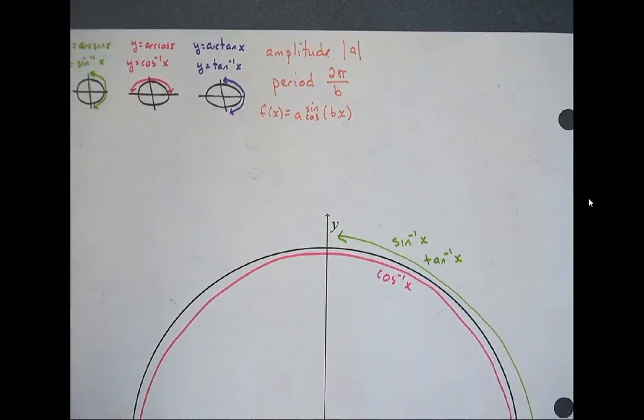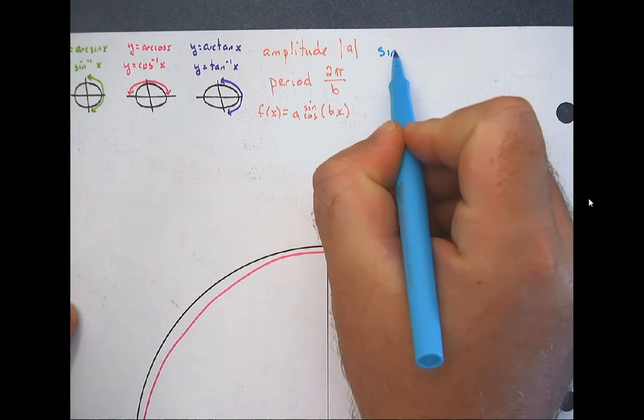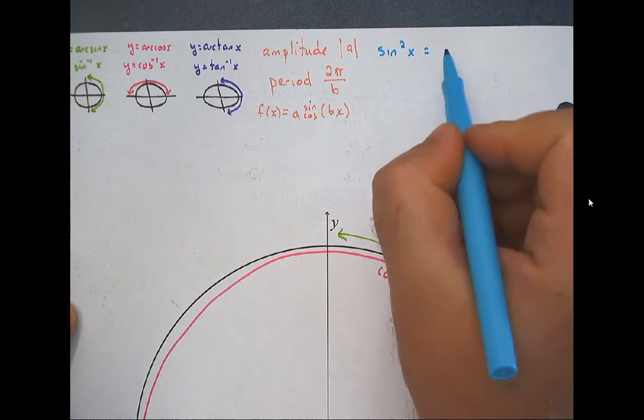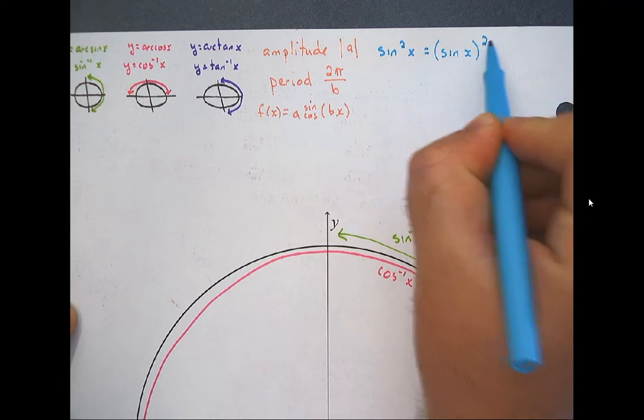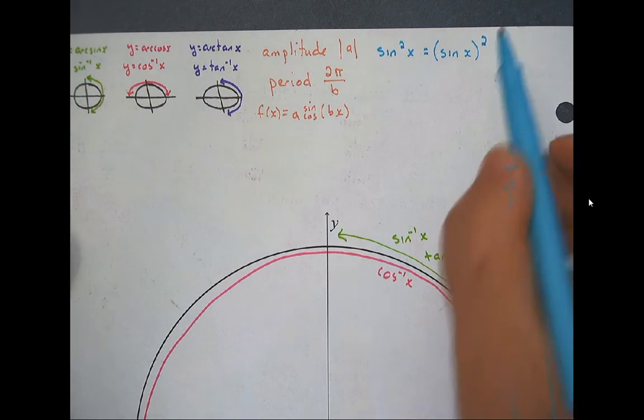I'm running out of room on the front, so I'll add this to the back. Sine squared of x really means the quantity sine of x getting squared. So that squared is really around the whole chunk, around the whole thing. This is not the same.